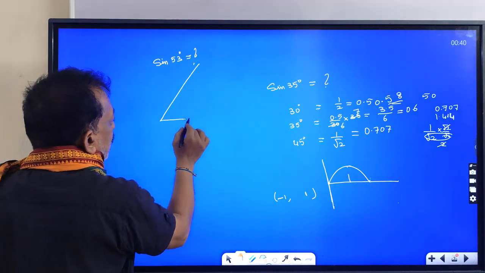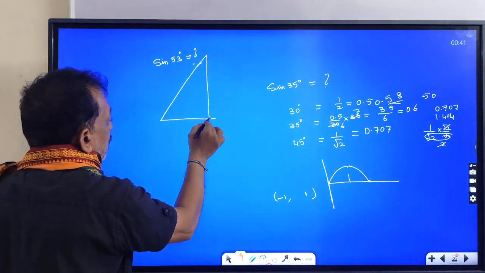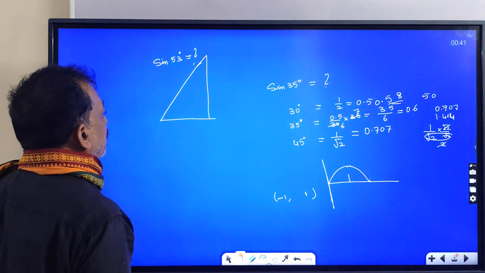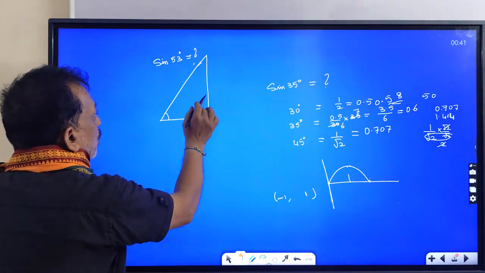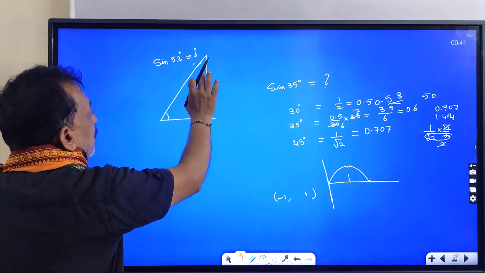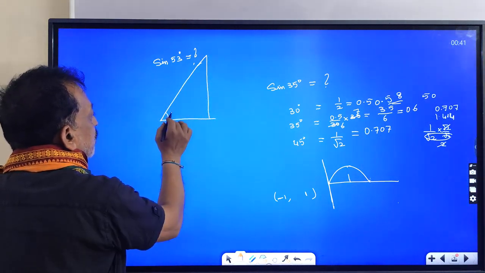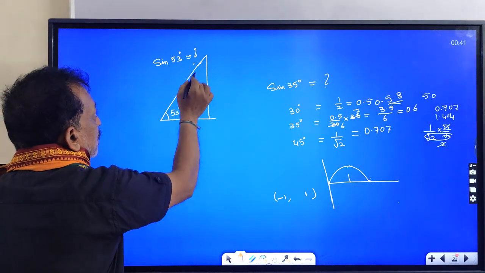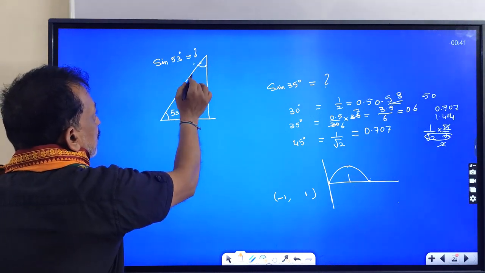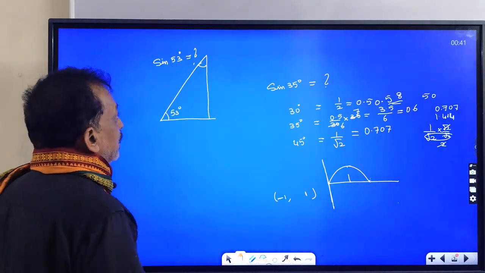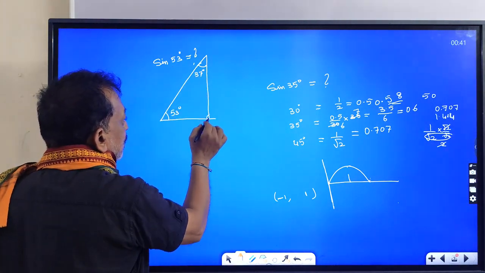So you can try to take a right angle triangle. If this angle is more, the slant will decrease. Then I can take this as 53 degrees, less angle, more length. So this is 53, the next will be 37. This is a right angle triangle.